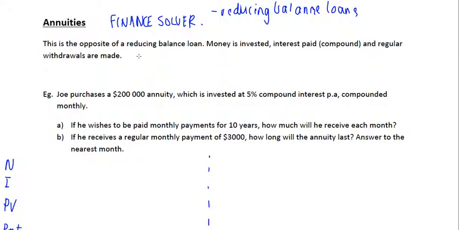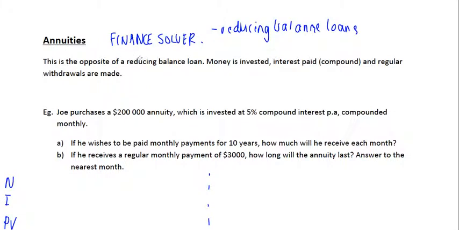So perhaps you've got a large sum of money, maybe you've won Tatts Lotto or something like that, and you want that money to last as long as possible. What you could do is you could invest in an annuity, and then you could have that money earn compound interest, and regularly withdraw from that account.